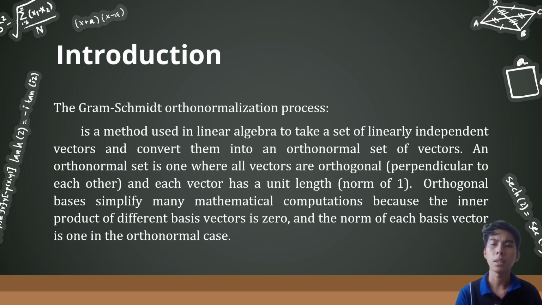We can proceed to orthonormalization if the vectors are orthogonal, which means their dot product is equal to 0, and they are called orthonormal vectors if the unit length, or the norm or magnitude, of each vector is equal to 1.